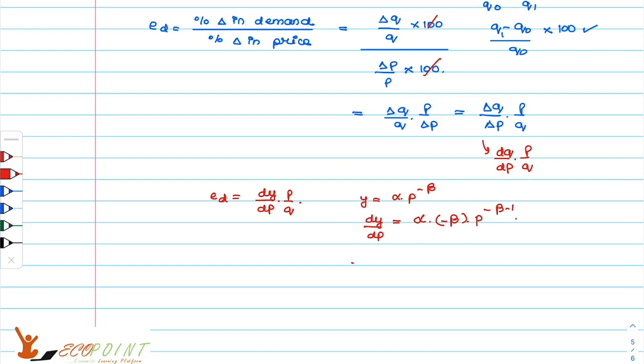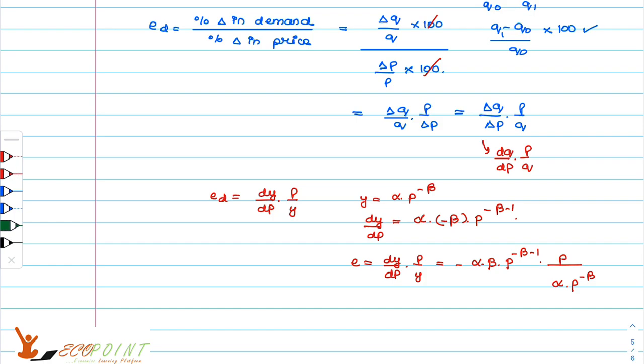For elasticity, what do you need? dy by dP into p by y. So dy by dP is minus alpha into beta into p to the power minus beta minus 1, into p upon y. And y is alpha into p to the power minus beta.